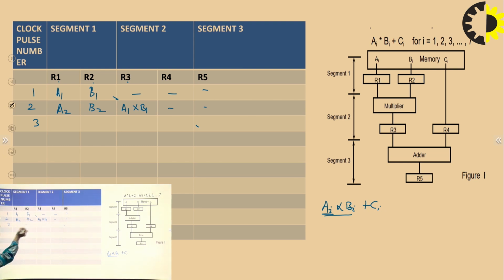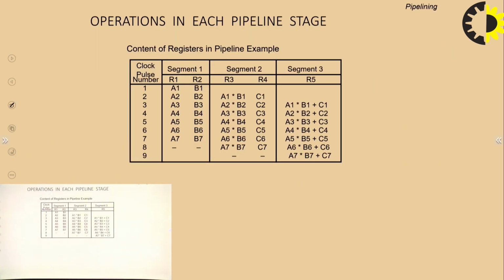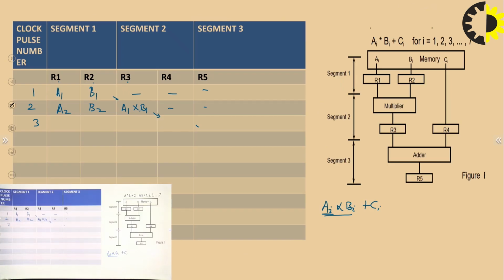Next, in the third operation, the A1, B1 result will be stored in R4. And next, A3 and B3 will be coming out here. At the same time, in R4, C1 will be stored.